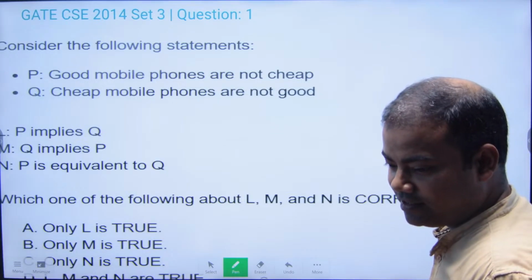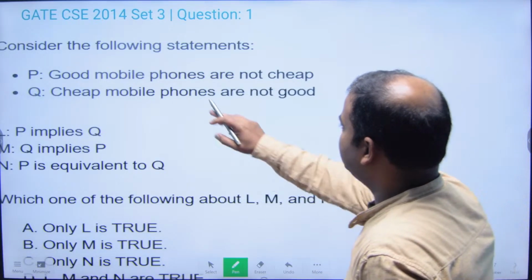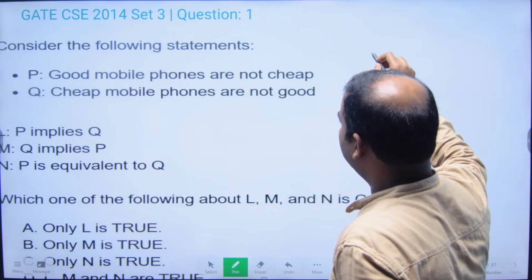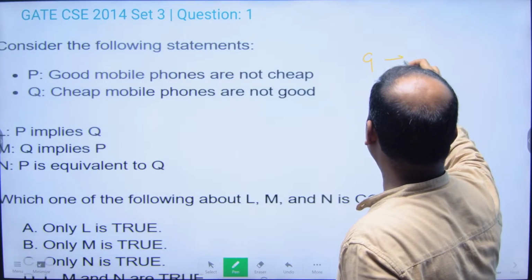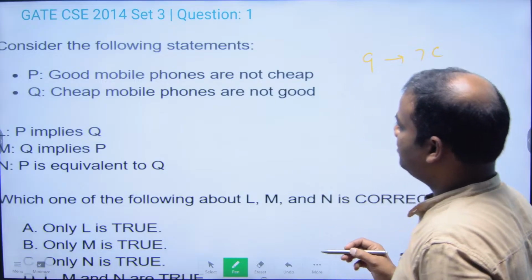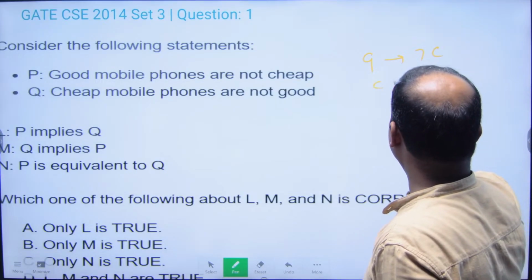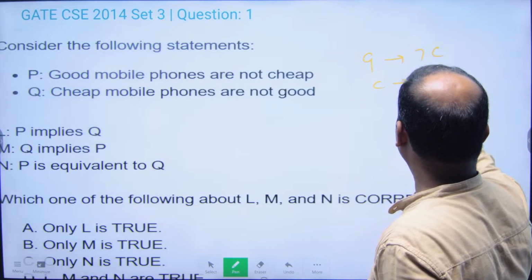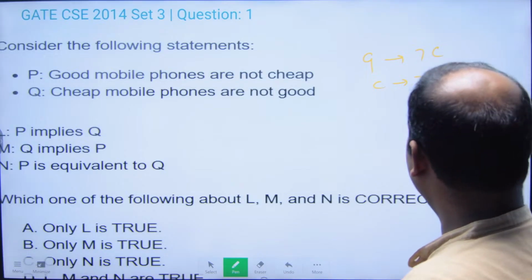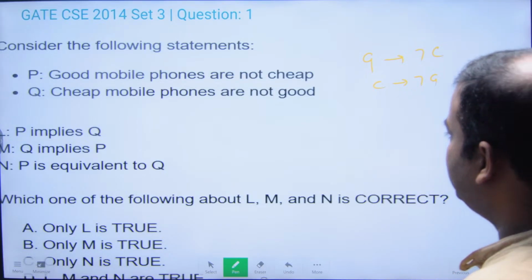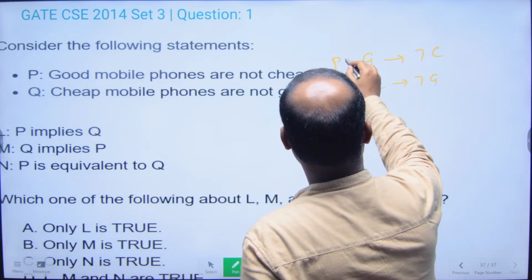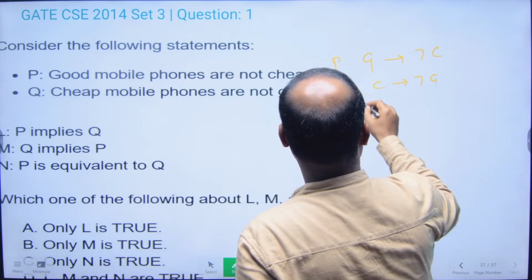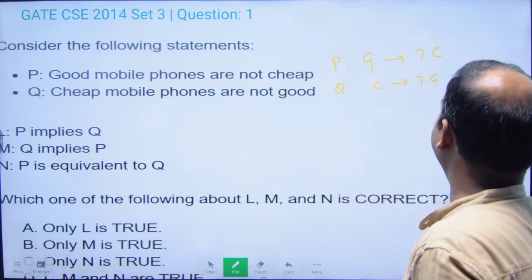Try to write it. This is P: good mobile phones are not cheap. This is Q: cheap mobile phones are not good. Now, can you say that P implies Q?